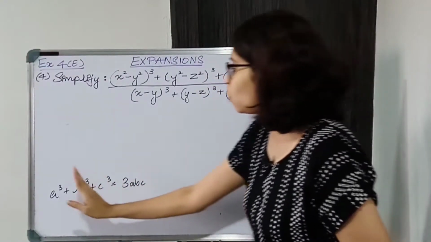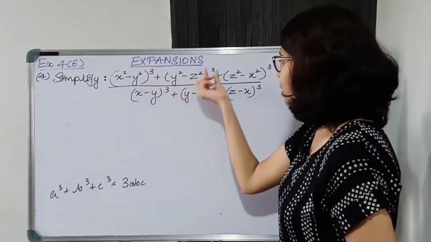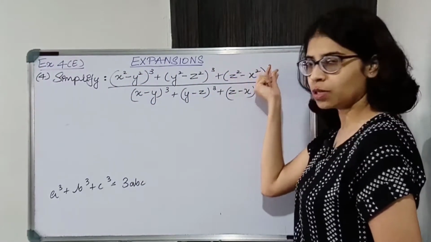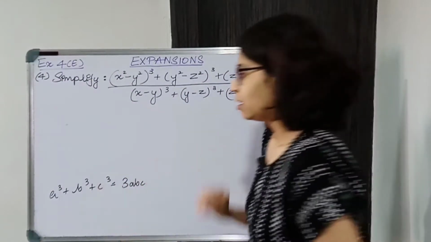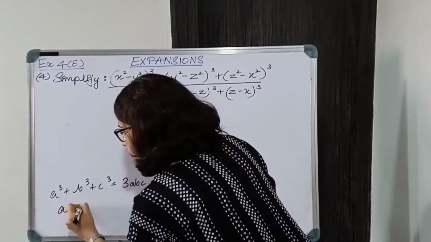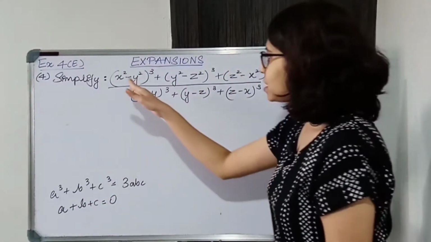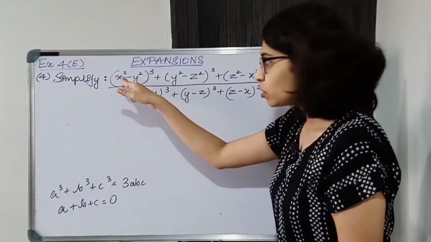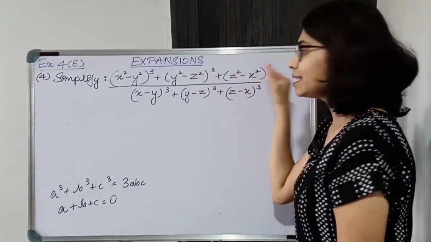Now when is a cube plus b cube plus c cube, where this is a cube, this is b cube, this is c cube, equal to 3abc? But when a plus b plus c is equal to 0, that is, the number in this bracket is a, here it is b and here it is c.